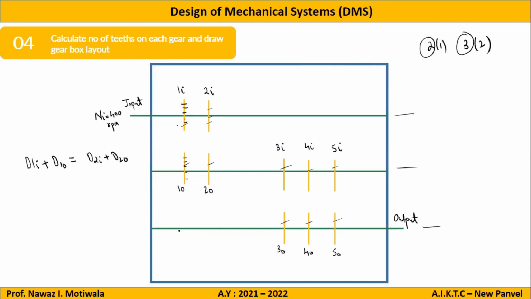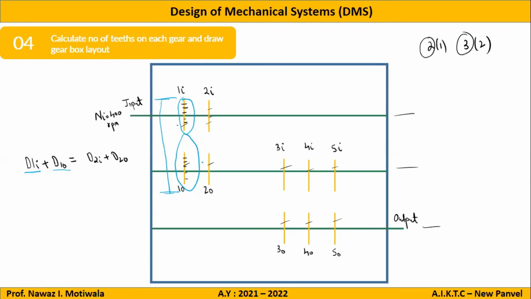Can I write this? इसका कुछ तो डायमीटर होगा. ठीक है, इसका कुछ तो डायमीटर है. ये मैंने गियर बना दिया इधर, ये गियर यहाँ पर बना दिया. So I have written diameter of 1 input plus diameter of 1 output. क्या देगा ये मेरे को? That will give me this distance, यहाँ से यहाँ तक का. Yes or no?